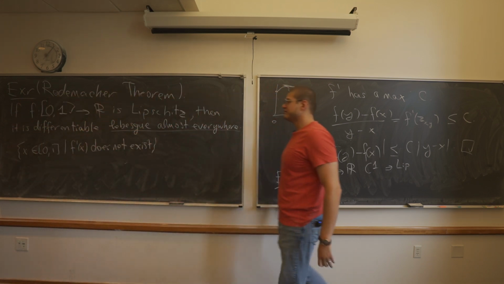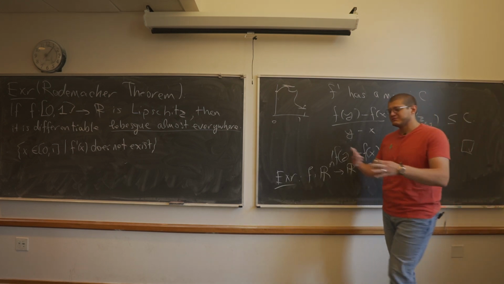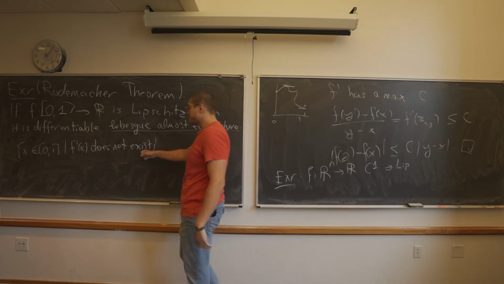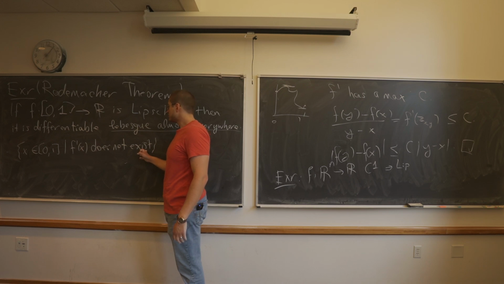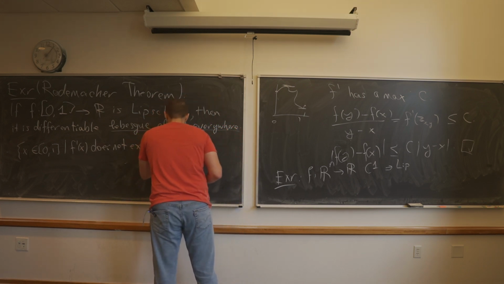What does this mean? It means that f prime of x exists if a certain limit holds. I'm saying that that limit doesn't converge. So this set, I'm saying, is negligible.